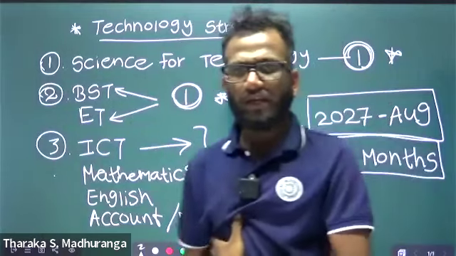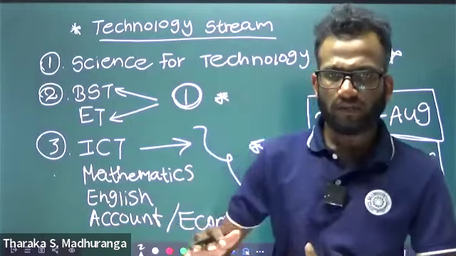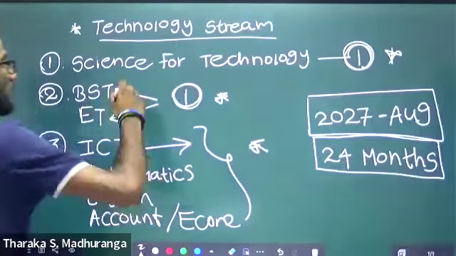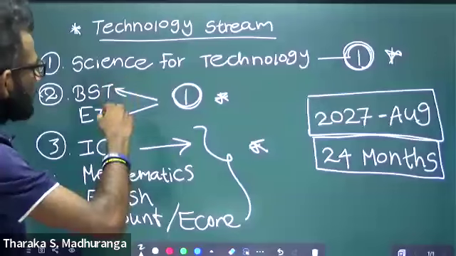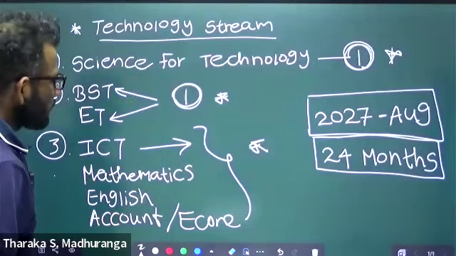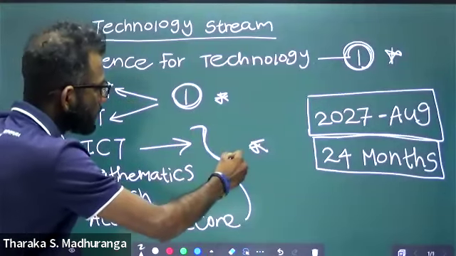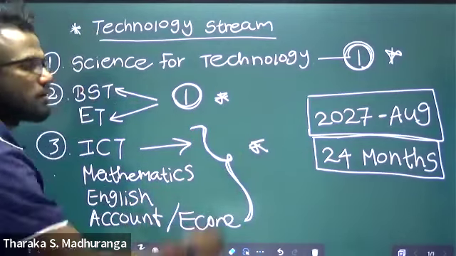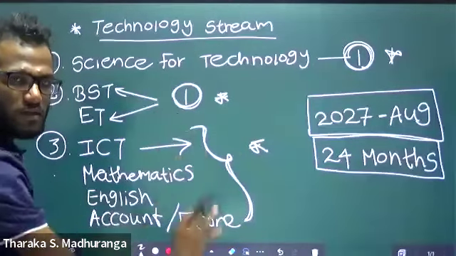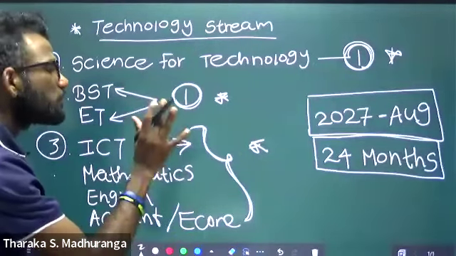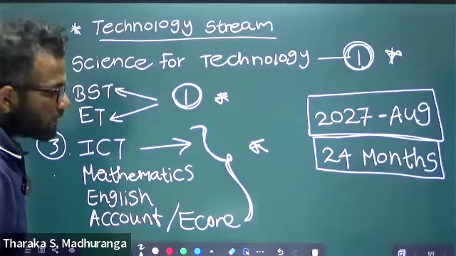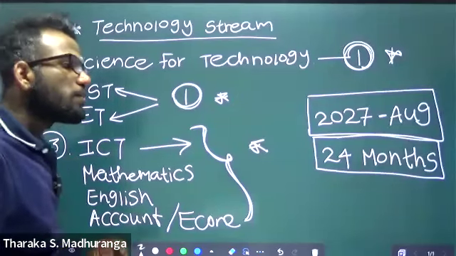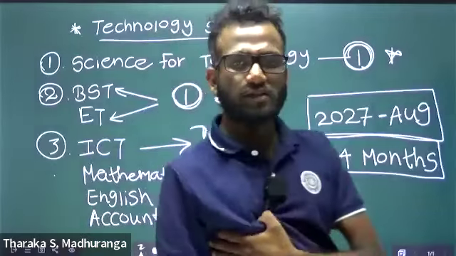Now I will explain about our subjects. I told you Science for Technology, ET, BST, and among them you can select one subject. They are your subjects in the technology stream. The other thing: what are the requirements to select this technology stream?